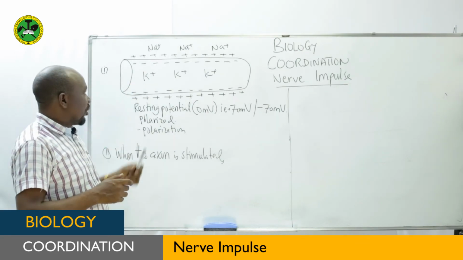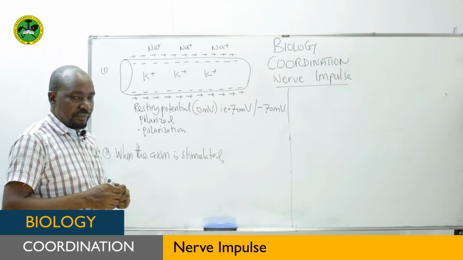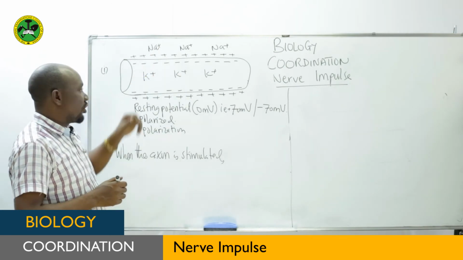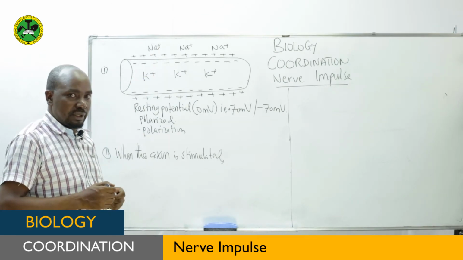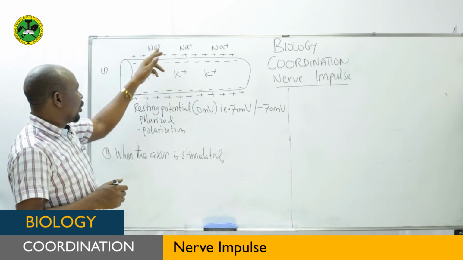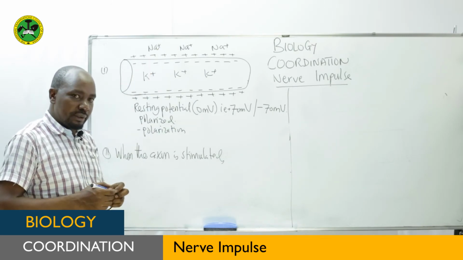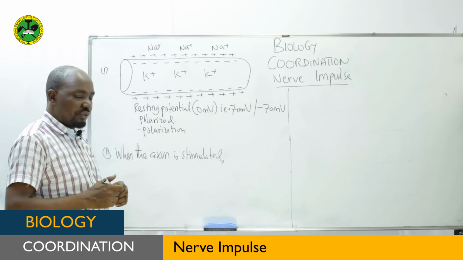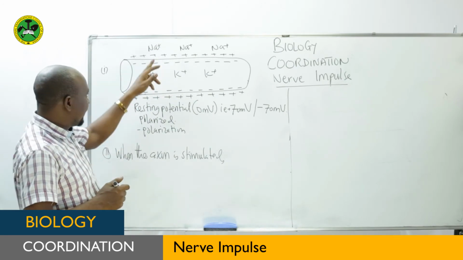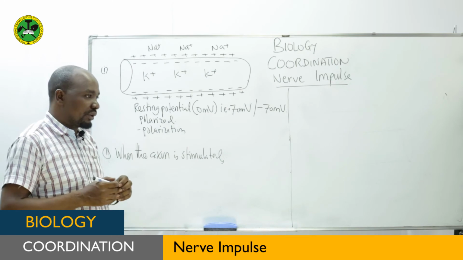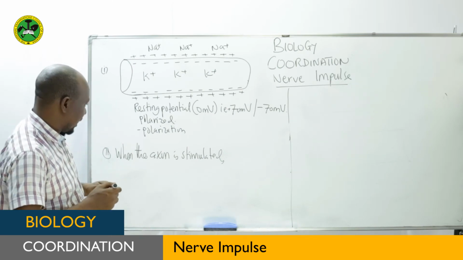The influx of the sodium ions is along the concentration gradient, meaning that they move from the area of high concentration to the area of low concentration. But they pass through specific channels known as sodium gated channels.